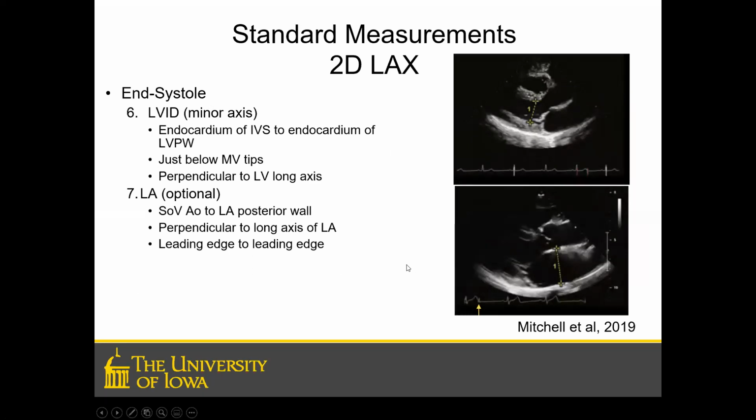Systolic measurement is the LV, again, at the same location that the diastolic one was done, but this one is in systole, and the LA is optional.